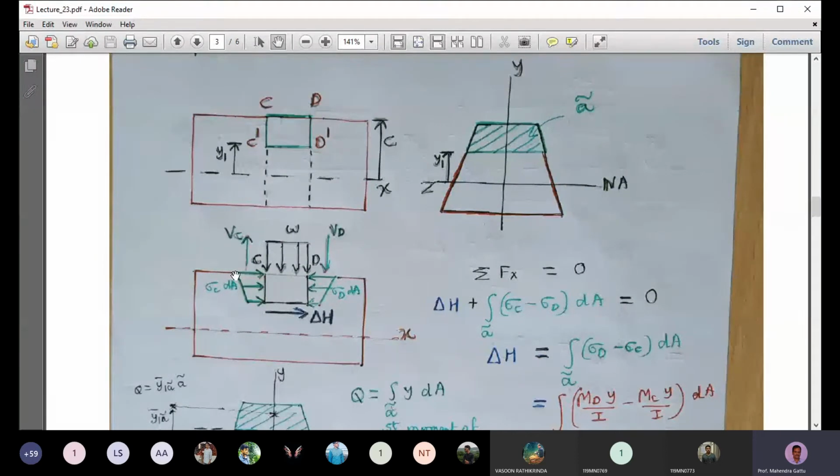The maximum normal stress occurs at the top fiber, and as you go towards the neutral axis, the normal stress reduces. The normal stress on the left face is given as sigma C dA, and similarly on the right face we have normal stresses represented by sigma D. Again, the maximum occurs at the top fiber and reduces towards the neutral axis.